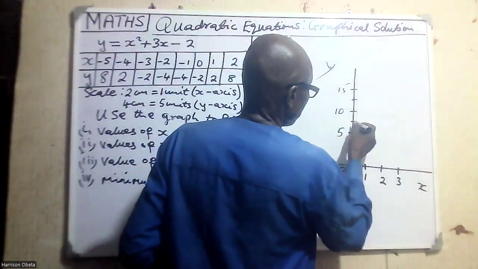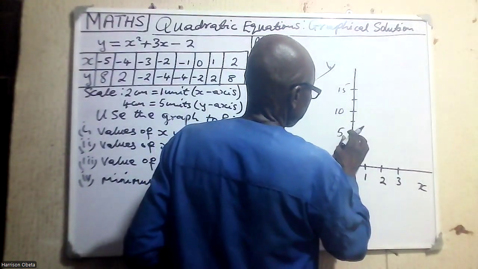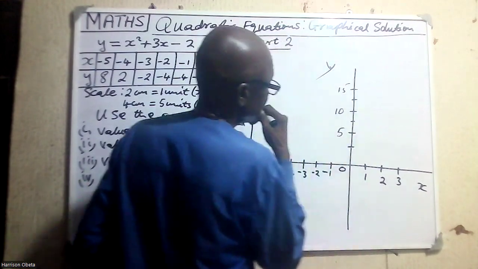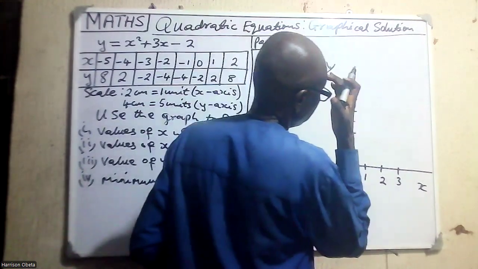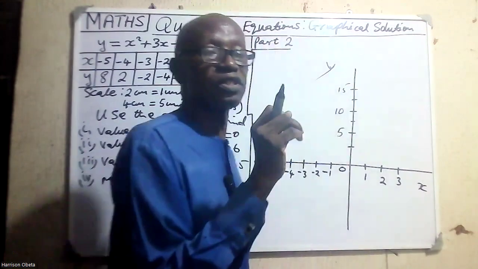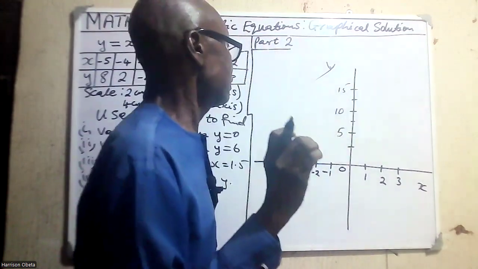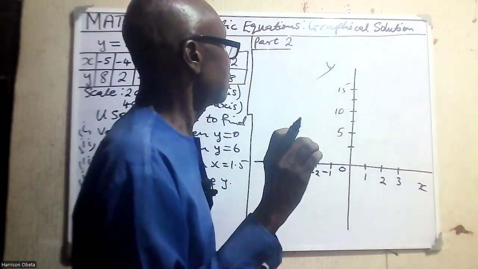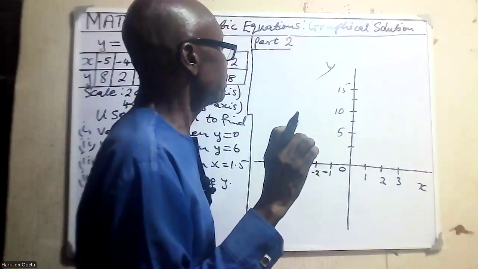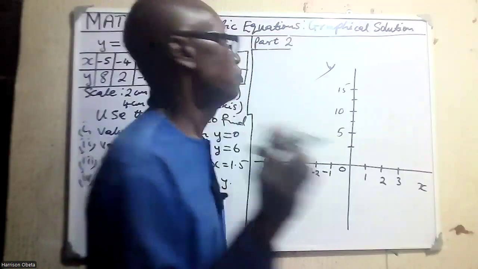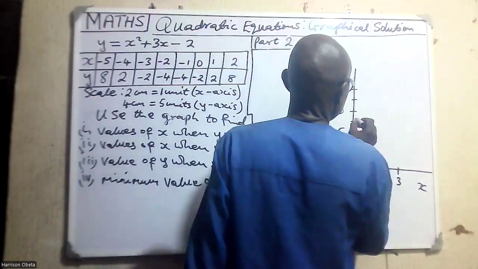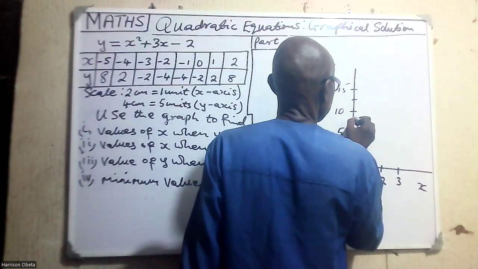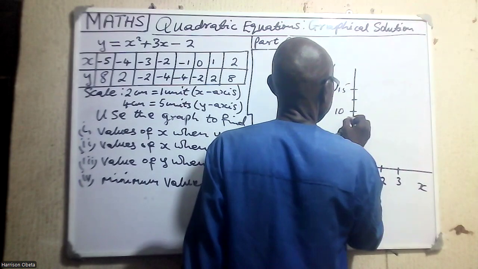Now this is 5, and because 4 small boxes will represent 1, that means 12 boxes will represent 4. So let's check that. We are talking of 8. Let's take it to be here.